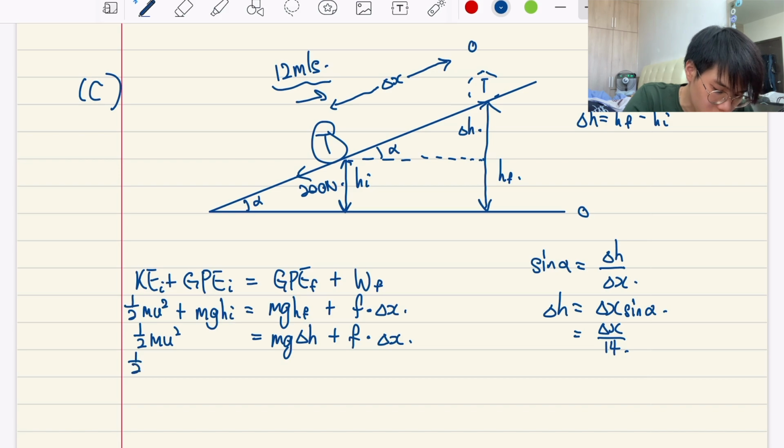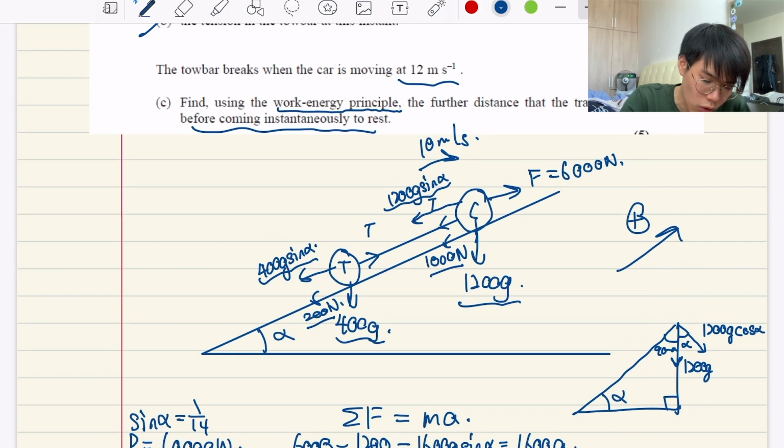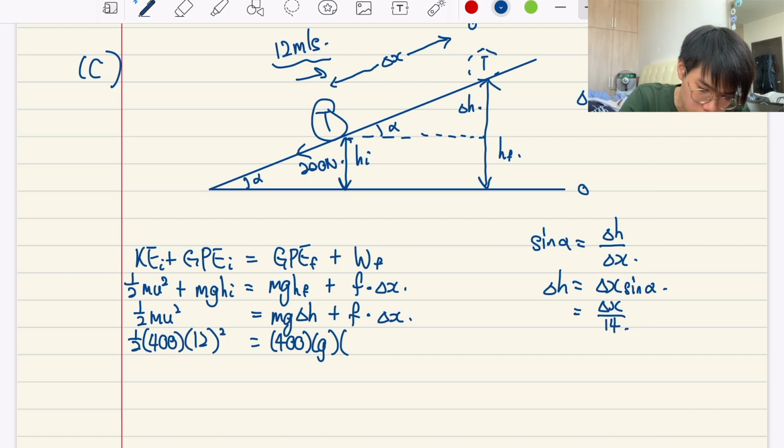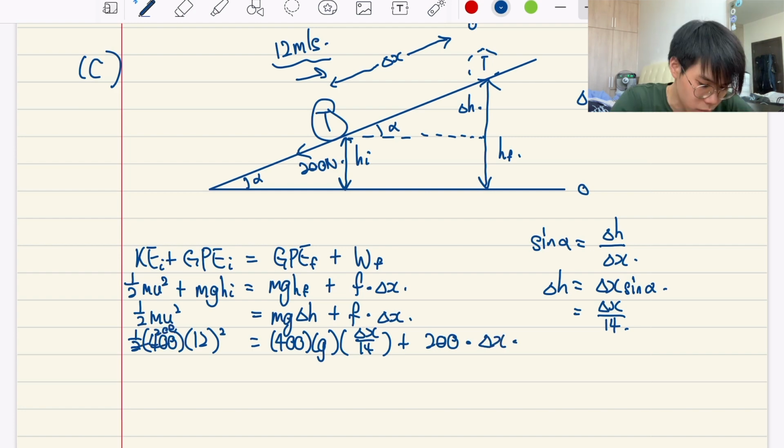So half times the mass of the trailer, which is 400, times the initial velocity 12 squared, equals 400 g times x over 14 plus the friction times the distance moved.